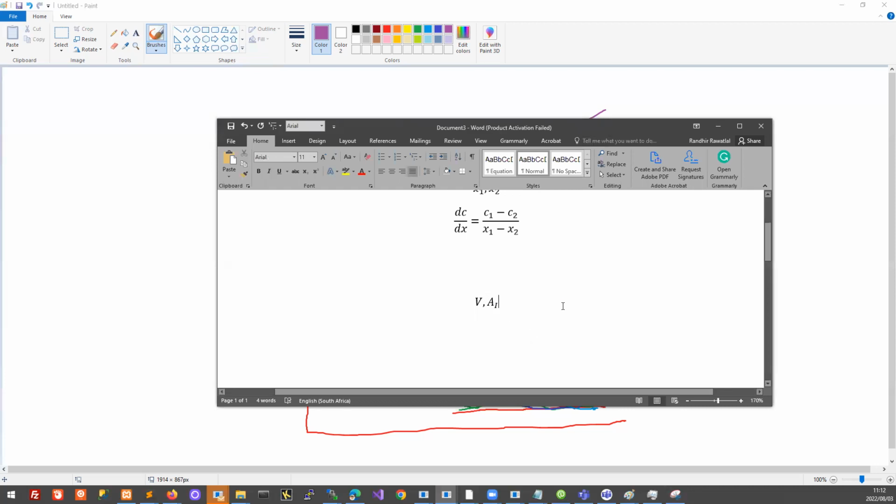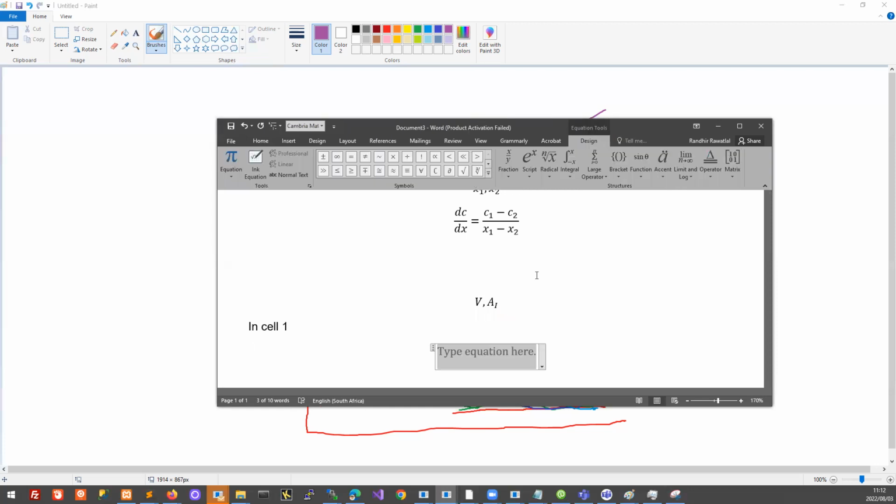So the interface area. So we can say that in cell 1, for example, the rate of change of the moles there, dN1/dt of component A, must equal the molar flux at the interface.